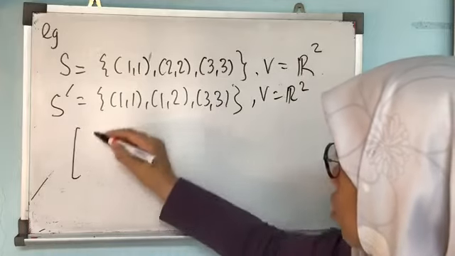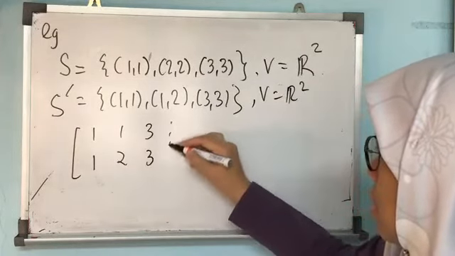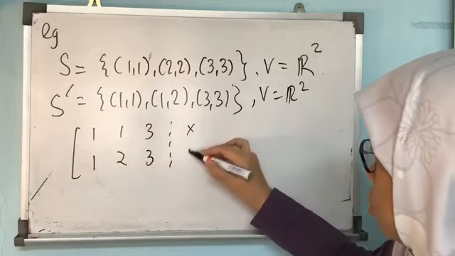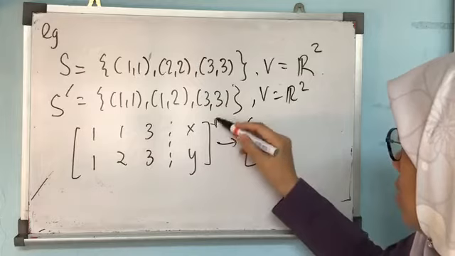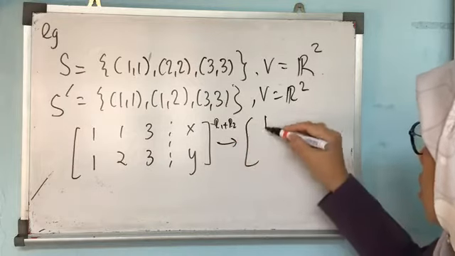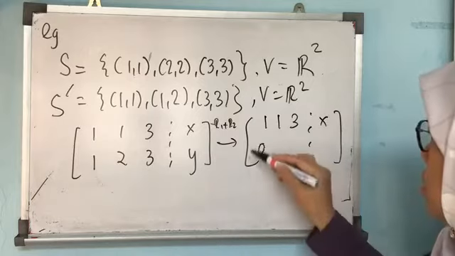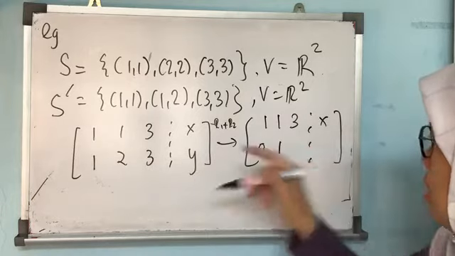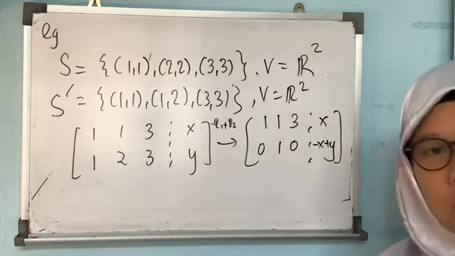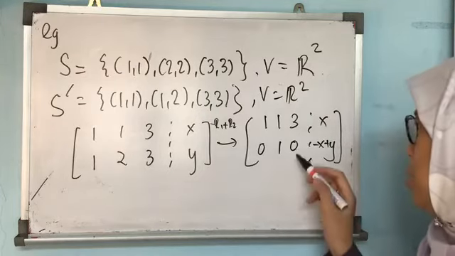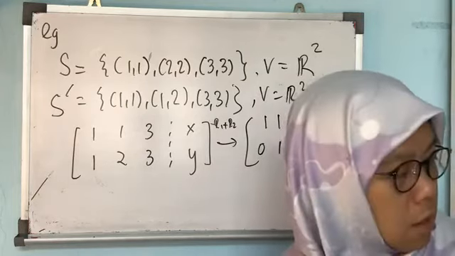But if you want to look at it this way, you will write, Brian mentioned the many solutions, which is also true in this case. So negative R1 plus R2: 1, 1, 3 | x, and 0, 1, 0 | negative x plus y. In this case, you have a free variable which is C3.